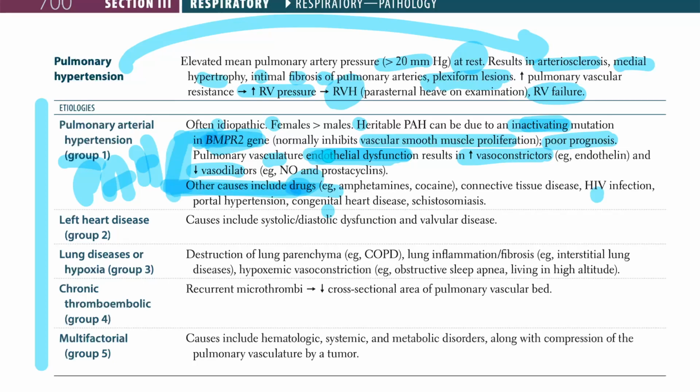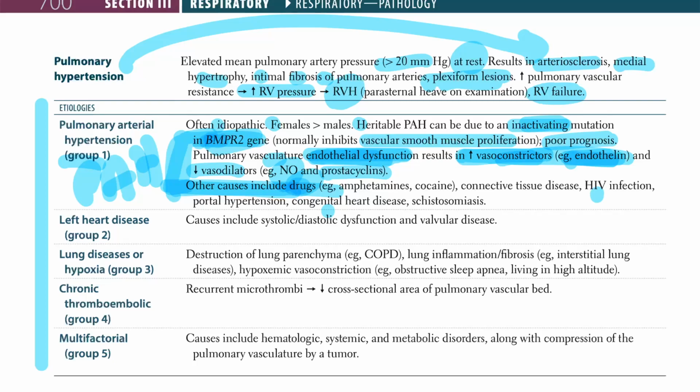Endothelial dysfunction causes an increase in vasoconstrictors, which is your increase in endothelin release, and on top of it, a decrease in vasodilators, which is your nitric oxide and prostacyclins.